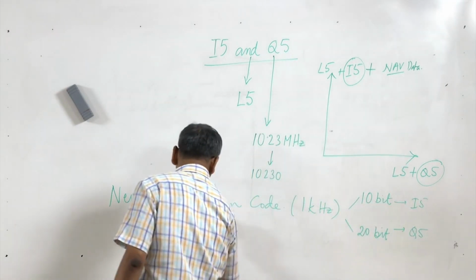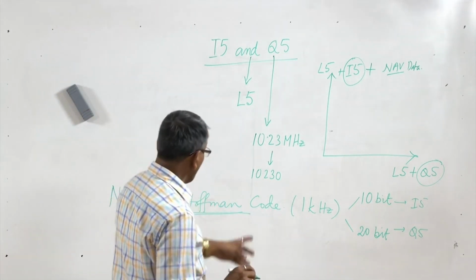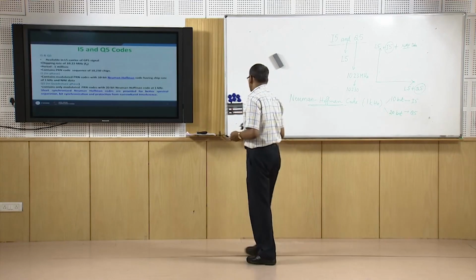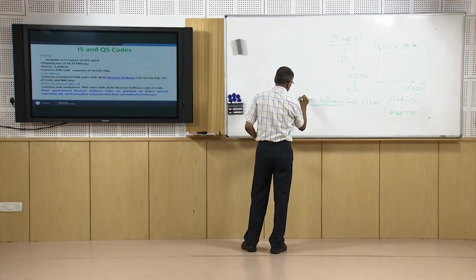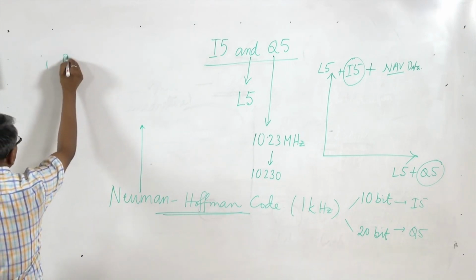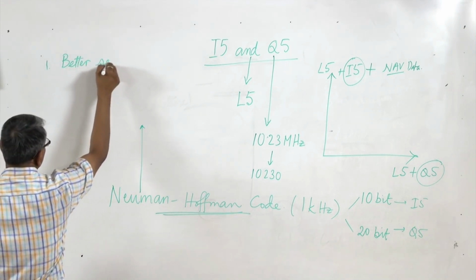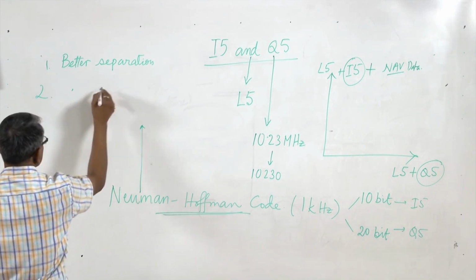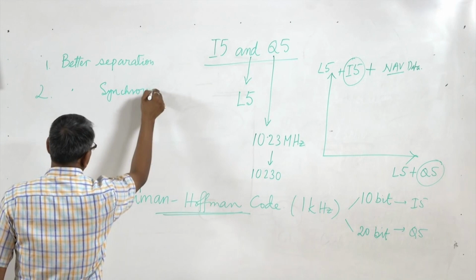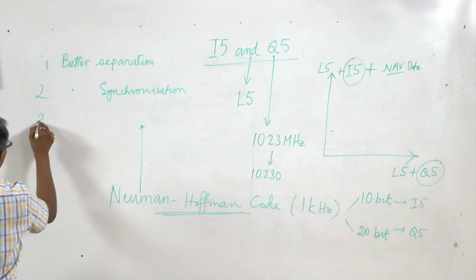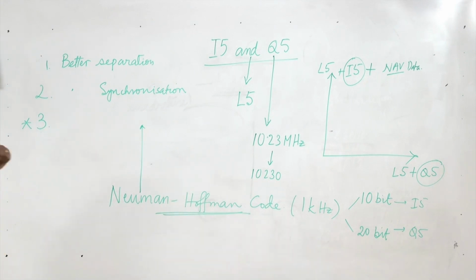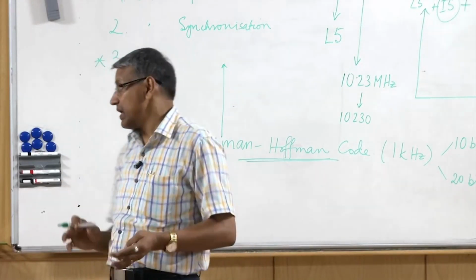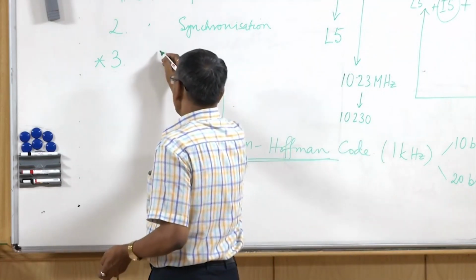Now this Neuman-Hofman code is added to I5 and Q5 for better separation and bit synchronization, and most importantly, it obstructs the GPS signals from getting interfered with by other narrowband signals.